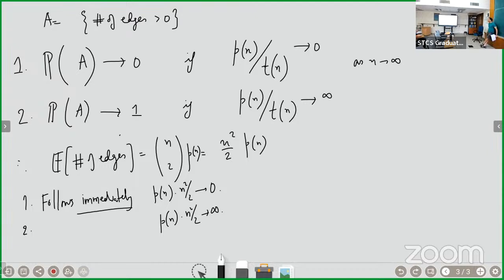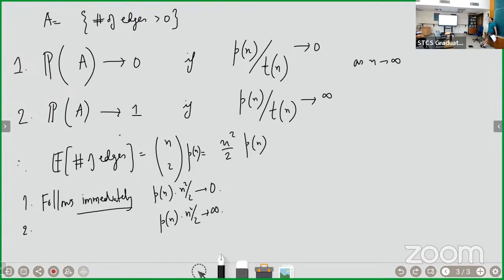So here, try to use the Poisson approximation. See, what kind of random variable is the number of edges? A binomial random variable with n choose 2 trials and P of n probability. And as n goes to infinity, we have already shown this binomial random variable approaches the Poisson random variable with the same expected value. So if you use that, what is the probability that the number of edges takes value 0?